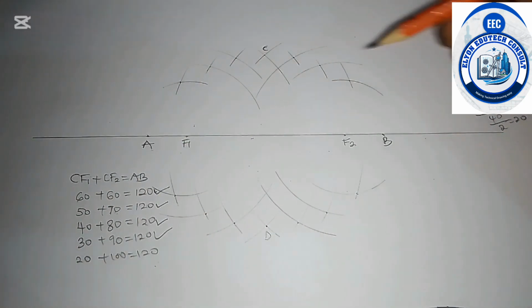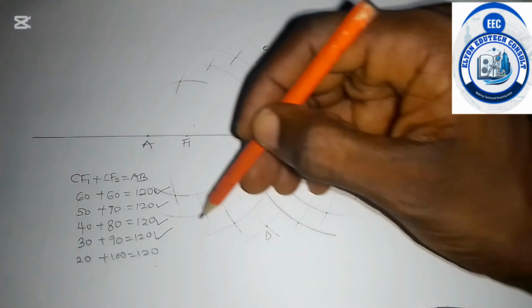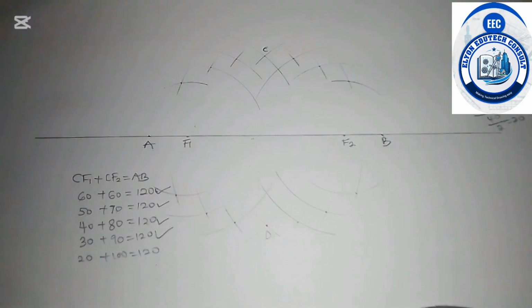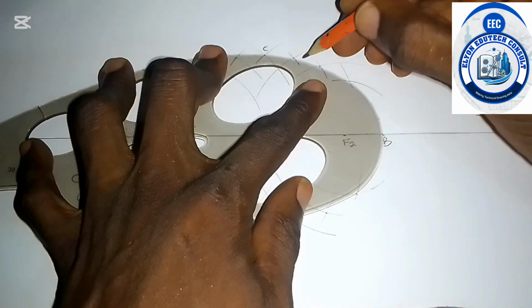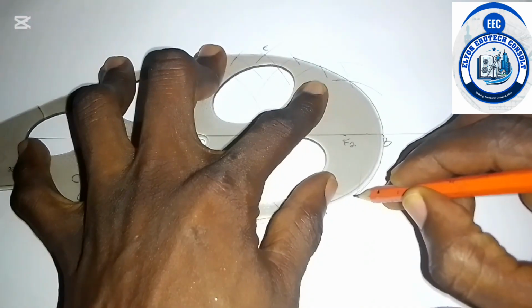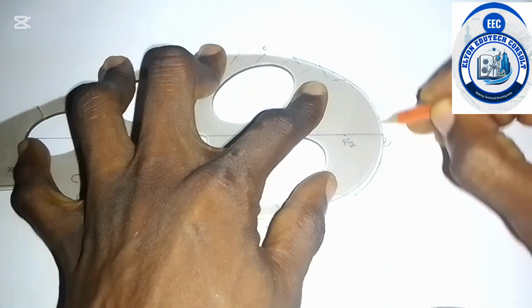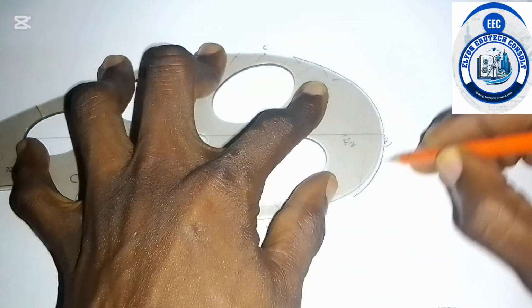So the next thing I will do now, I will take my French curve, or any flexible curve you have, then I'm going to be joining these points. I'll pick this point. This way, then just stick it out.